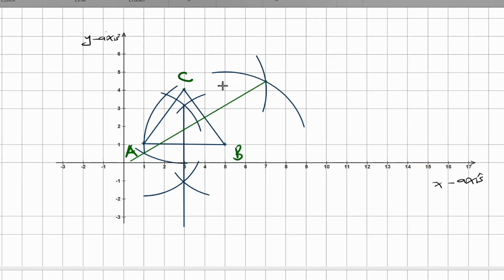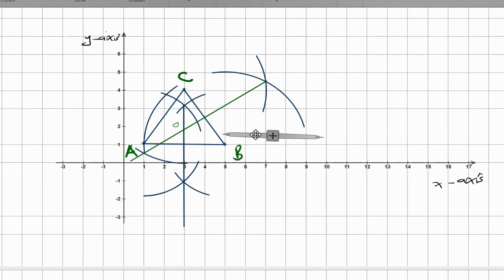Then the point of intersection of the two perpendicular bisectors of the two sides of the triangle, we consider it as the center. You can name it center O. It's from that center that we are going to draw our circle.